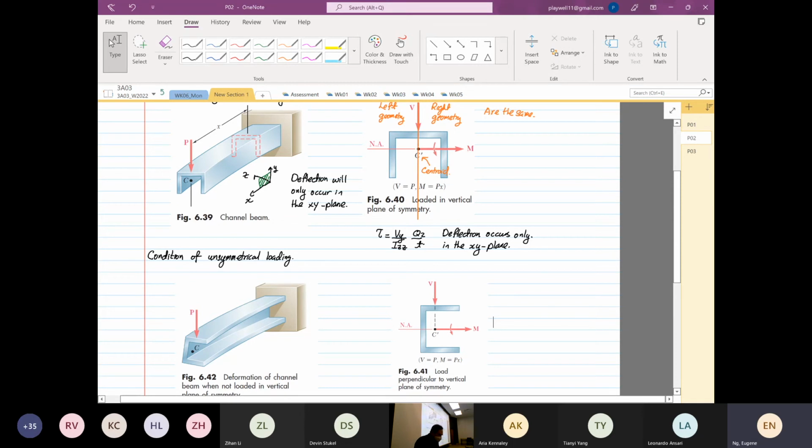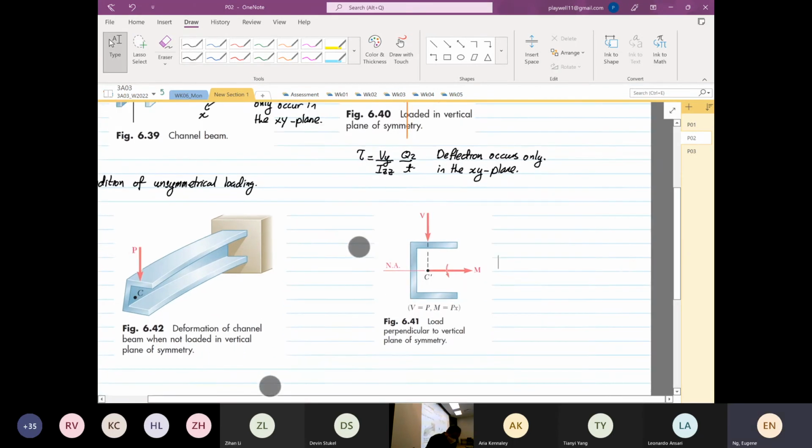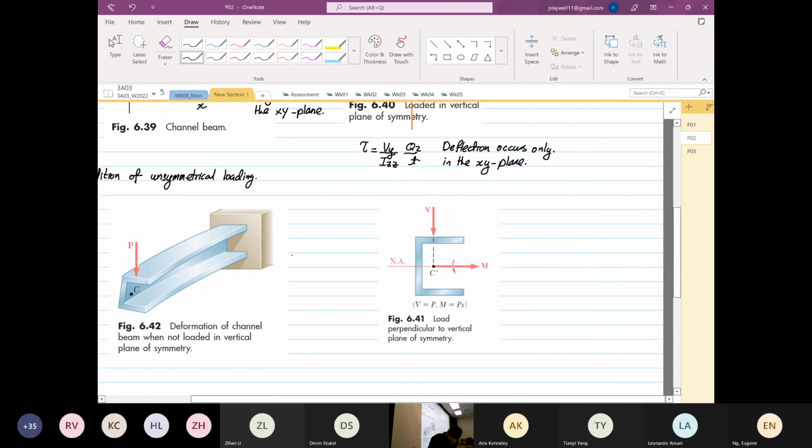So what you realize is that the deflection is not just in the XY plane. Now, why is that? Why is that?